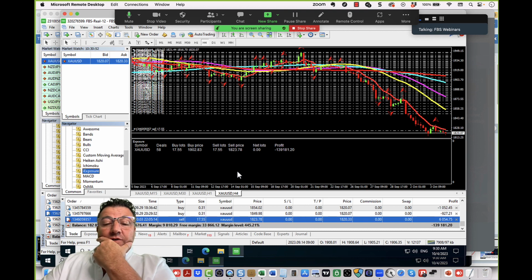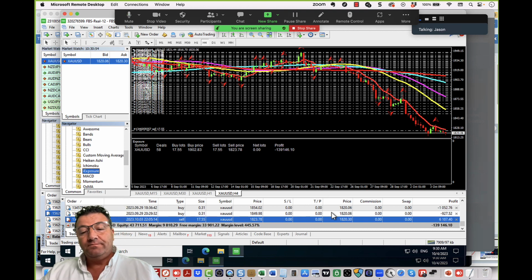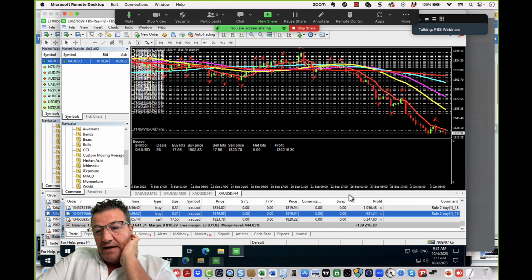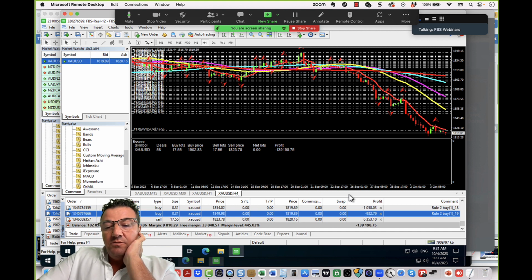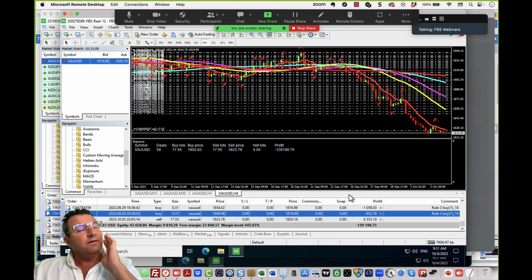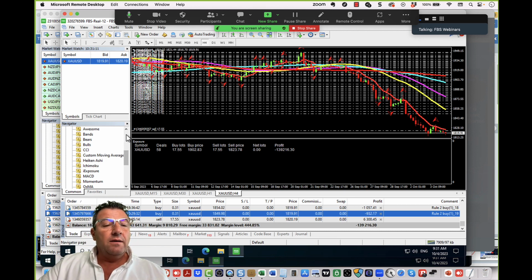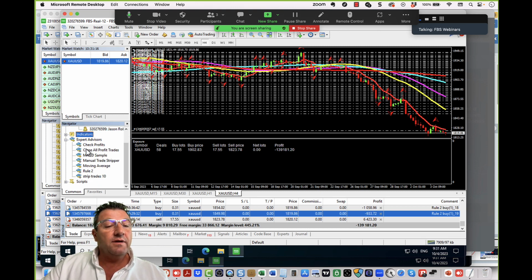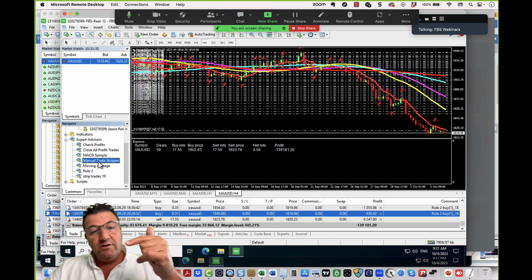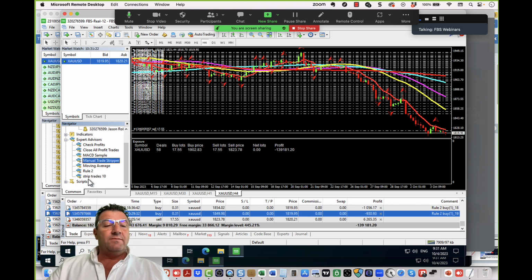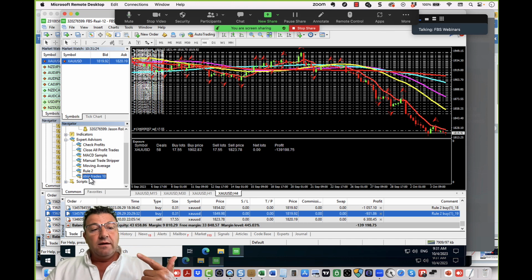Did you do a manual hedge? Yeah. Okay, so once you've done a manual hedge, you now have to manage this account manually. I don't know if you can use the strip trade EA. You may be able to use the manual strip trade EA to get out of the hedge if you want to. So once you open a manual strip trade, it works the same as the strip trade 10.